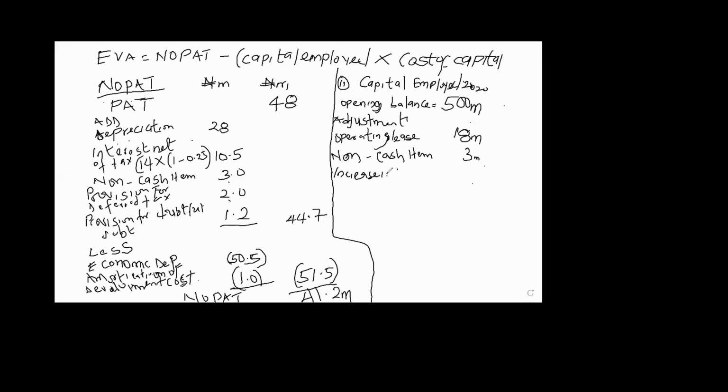Increase in provision for doubtful debt. That question you ask now, difference between 2.5 and 1.2. What do you have, please? 1.3.